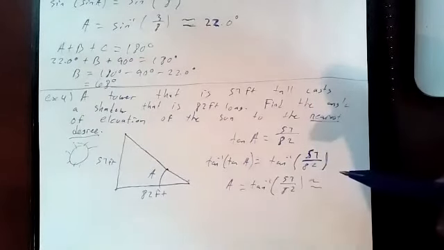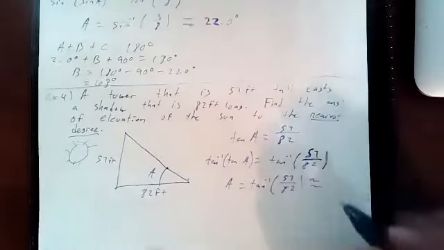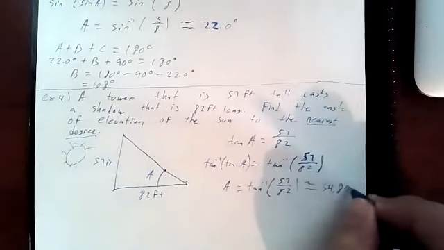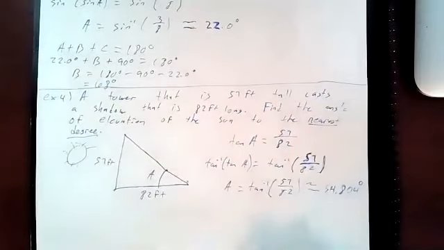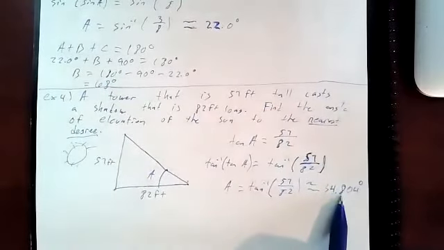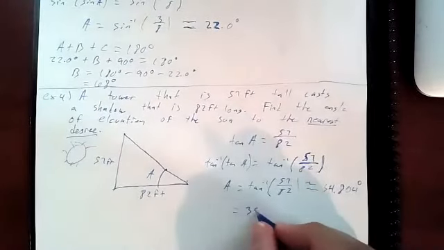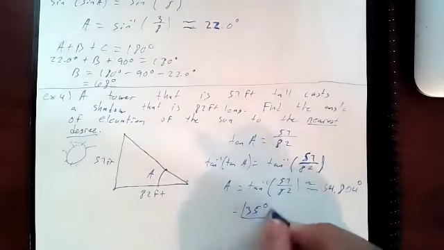Let's see. 57 over 82. Looks like 34.80, whatever. So since they said nearest degree, I should round up to 35, right? So this is the angle of elevation.